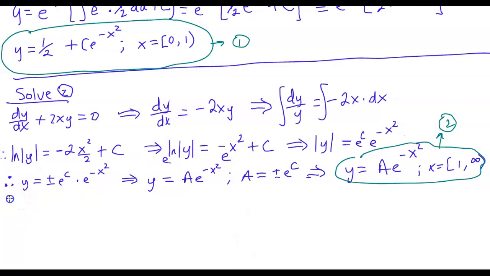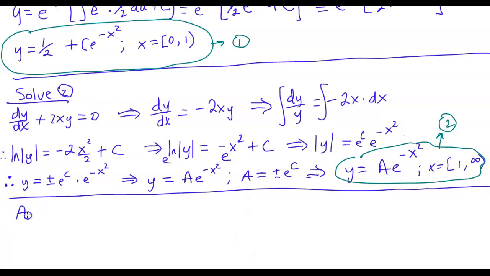So I'm going to go ahead and rewrite that down here. So I want to apply the IC. Now notice that the initial condition goes along with our first solution, not our second. So when we apply this initial condition here, we can only apply it to this first piece.